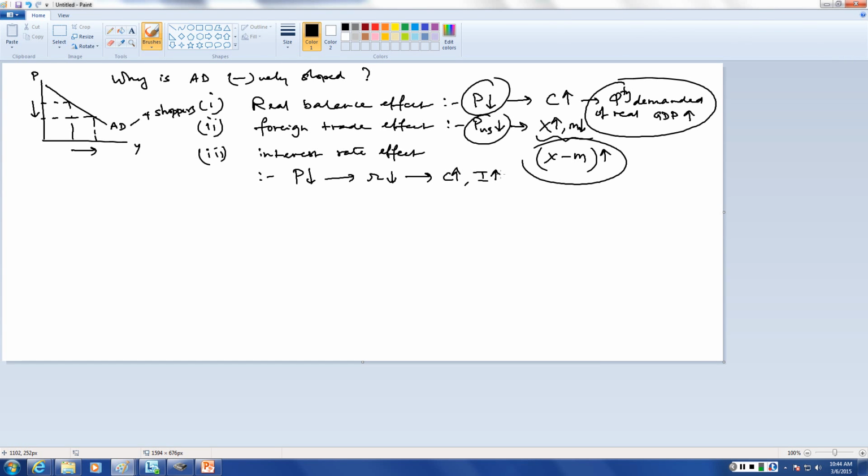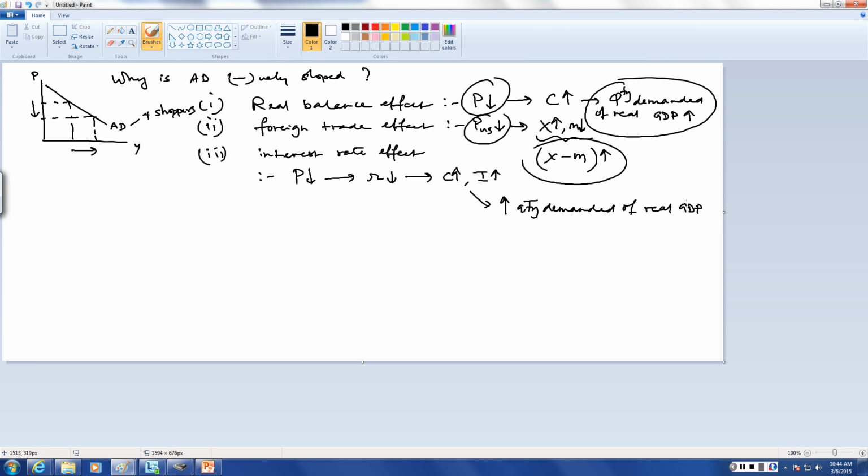Will that change? Yes, because firms also often borrow money with which to buy machinery. And you make the terms of that borrowing easier on firms, and firms are more likely to borrow money and then go shopping for machinery with it, roughly. Correct? So we have an increase in these two components of AD, and once again, this leads to an increase in the quantity demanded of real GDP. So these are the three reasons for the negative slope of the AD curve.